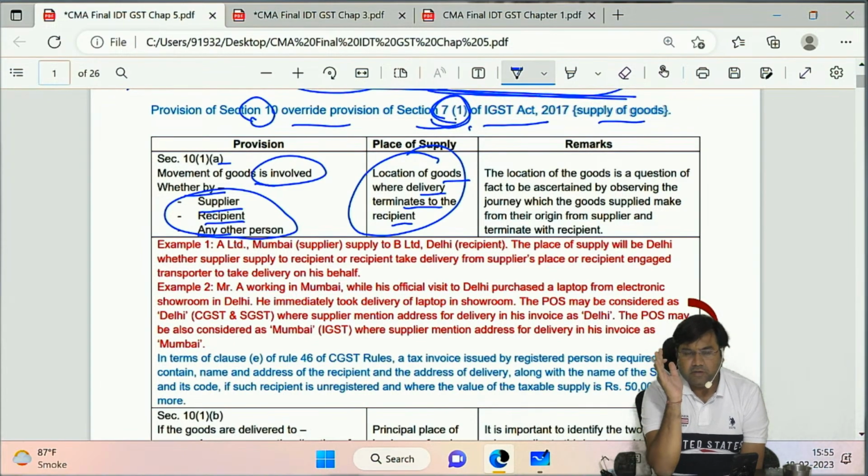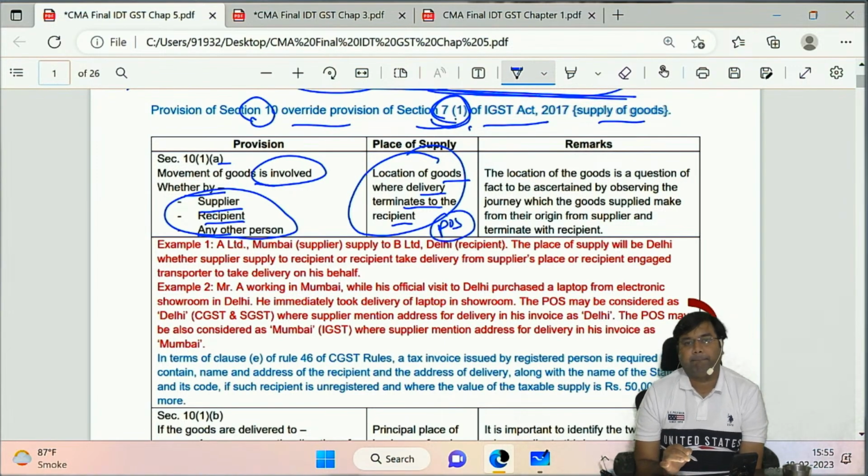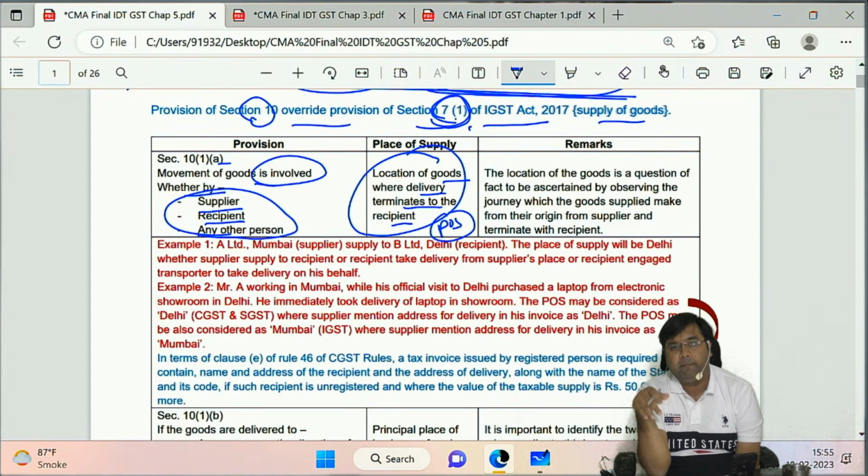So where the delivery to the recipient is going to be terminated, that is going to be the place of supply. If the chocolate is coming to my home, then my home is the place of supply. Wherever delivery terminates, whether the supplier is delivering, the recipient is taking, or a third person is taking, that becomes irrelevant.